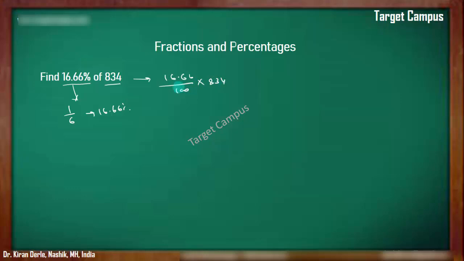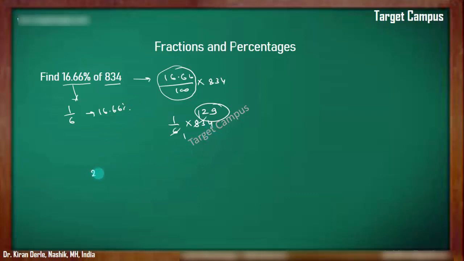But as we know, this fraction value is nothing but 1 by 6 into 834, right? So 6 1s are 6, 6 2s are 12, 6 9s are 54, so 139. I hope this is clear to you. 16.66% is this, right?